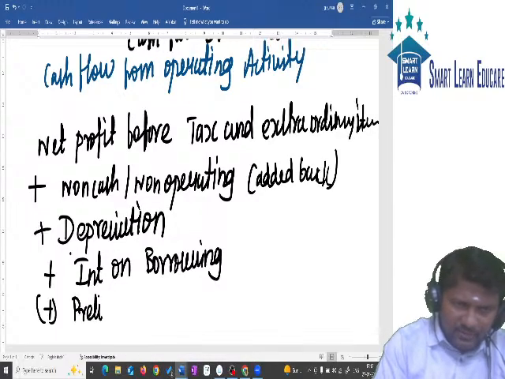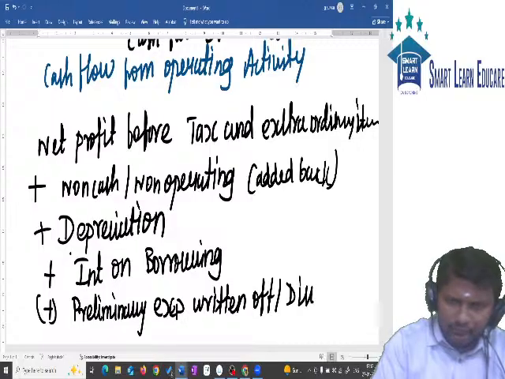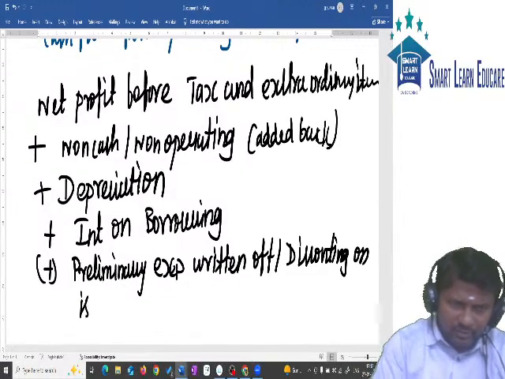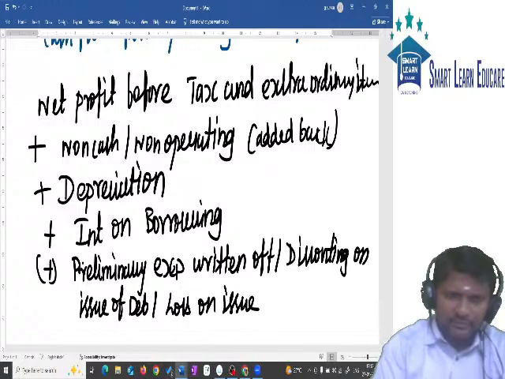Preliminary expenses written off, or discount on issue of debentures, which we discussed yesterday, or loss on issue of debentures.